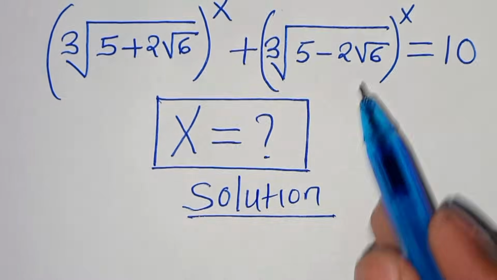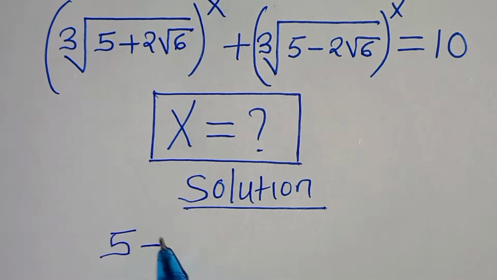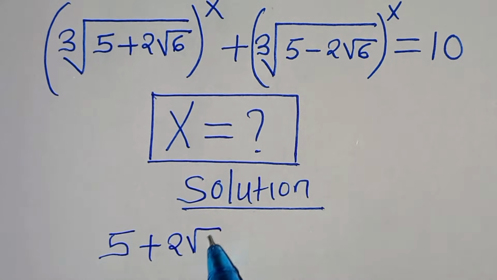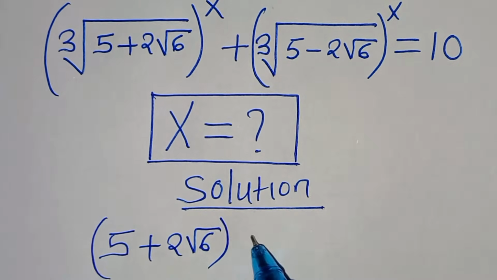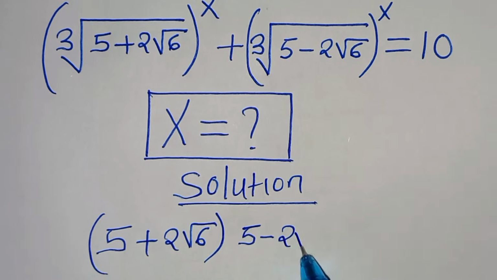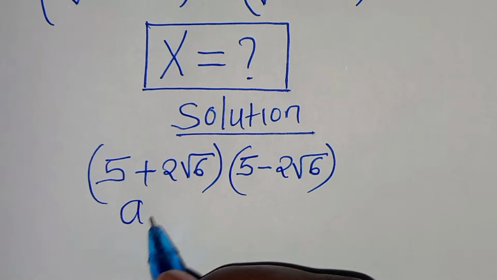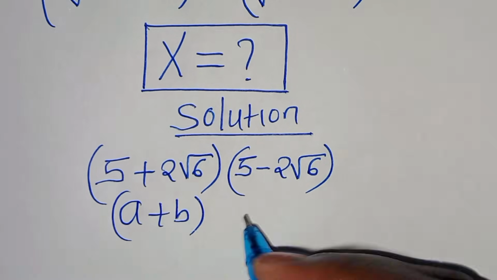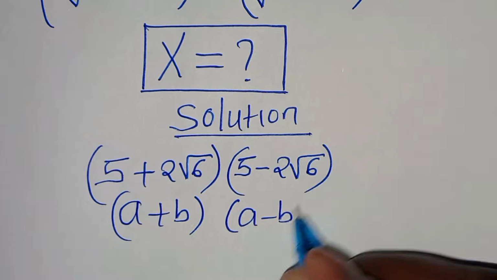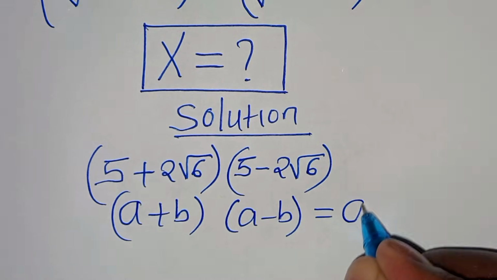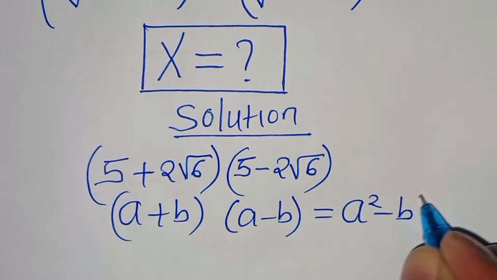Now, from what we have here, we have 5 plus 2 root 6 multiplied by 5 minus 2 root 6. Remember, this is in the form of (a plus b) multiplied by (a minus b), which we can express as a to the power of 2 minus b to the power of 2.